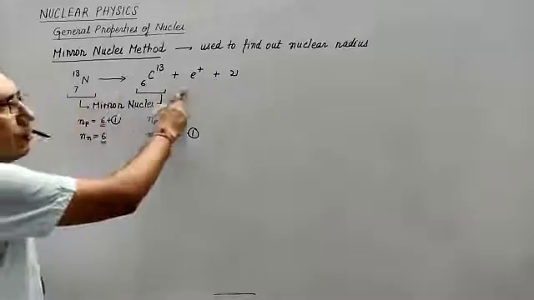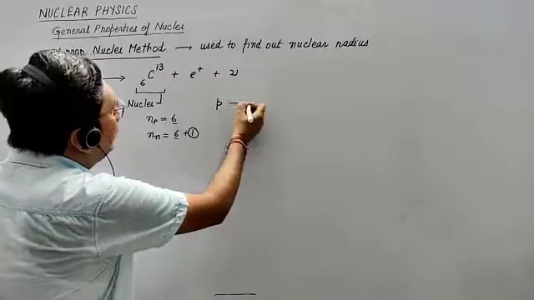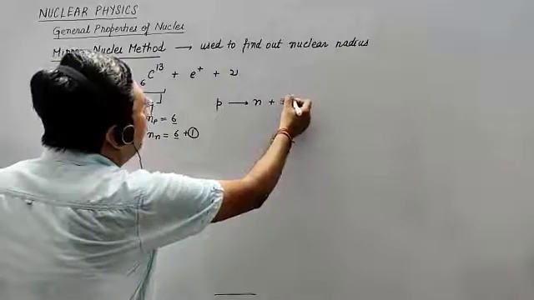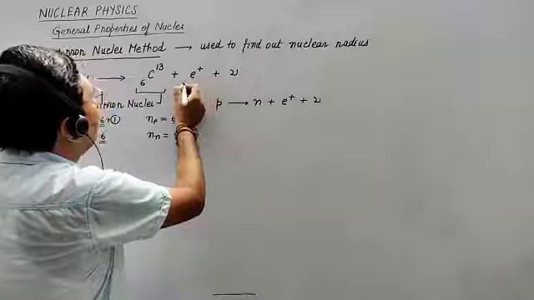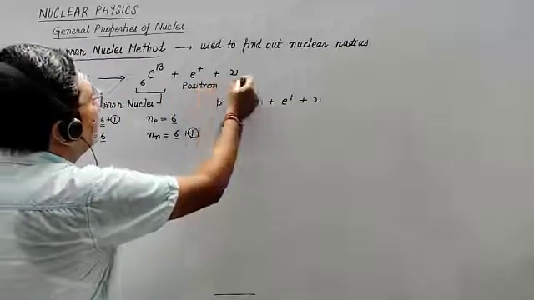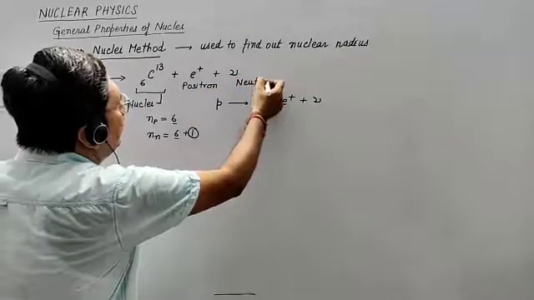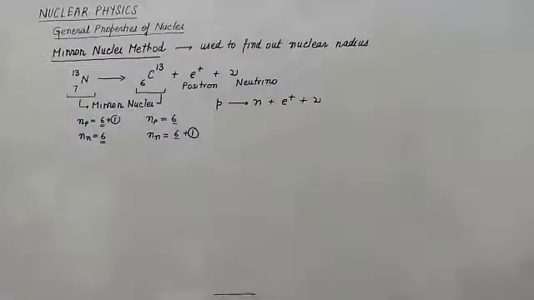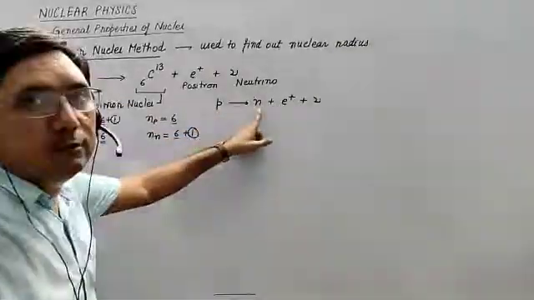So we can also write this equation in this form: a proton is converting into a neutron plus a positron plus a neutrino. This e plus is known as the positron, and this is known as the neutrino.